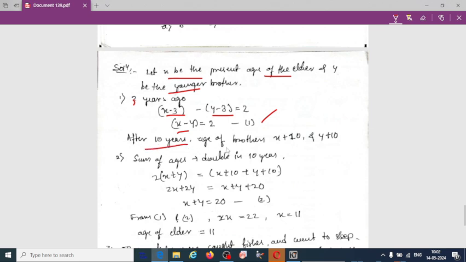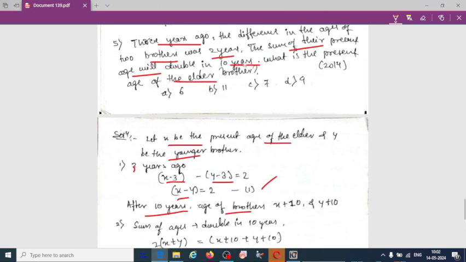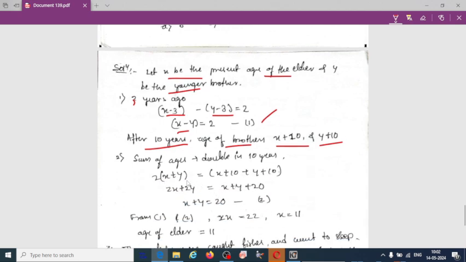After 10 years, the ages of the brothers will be x plus 10 and y plus 10. Add them, and the sum of ages is double in 10 years. That means twice x plus y is equal to the sum of the ages, x plus 10 plus y plus 10.